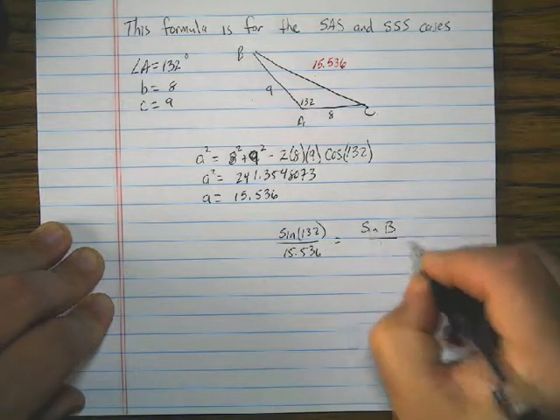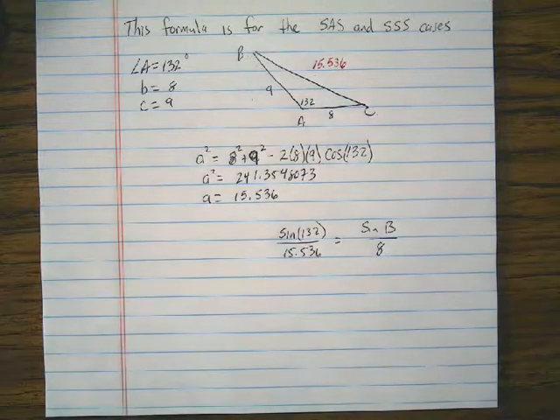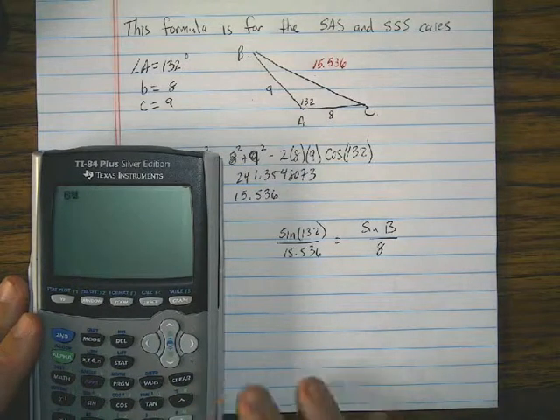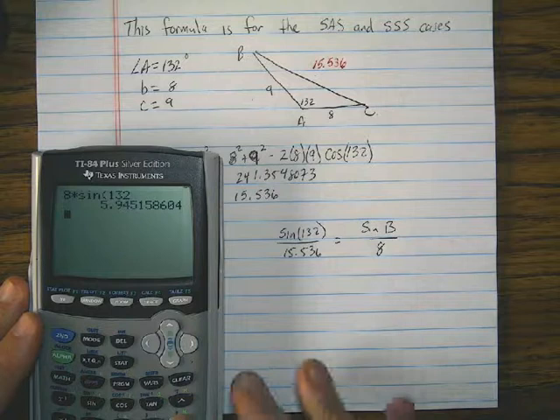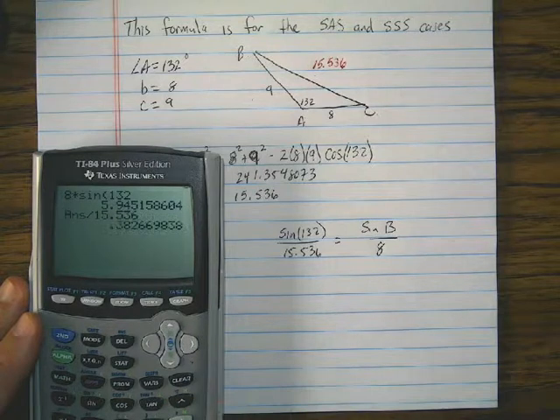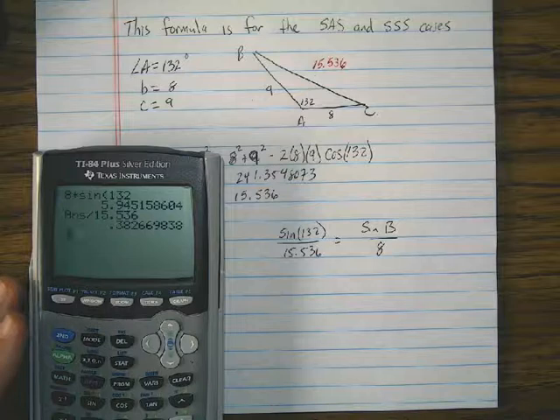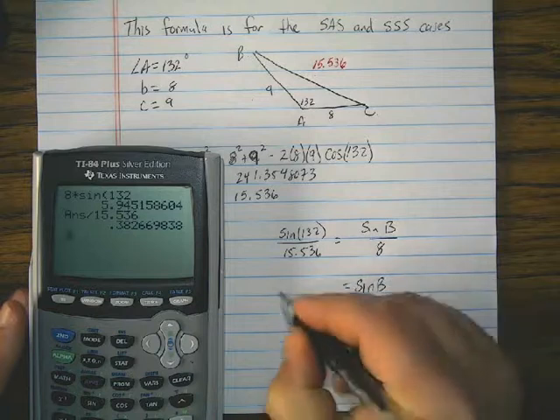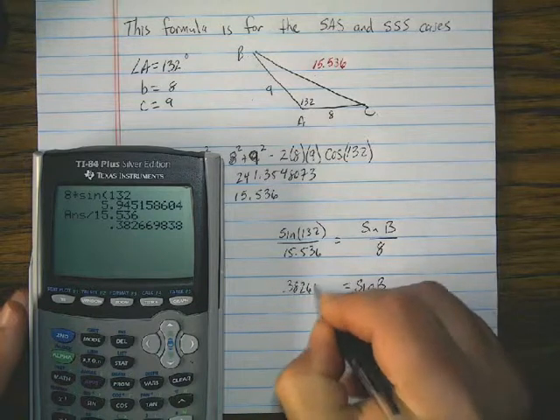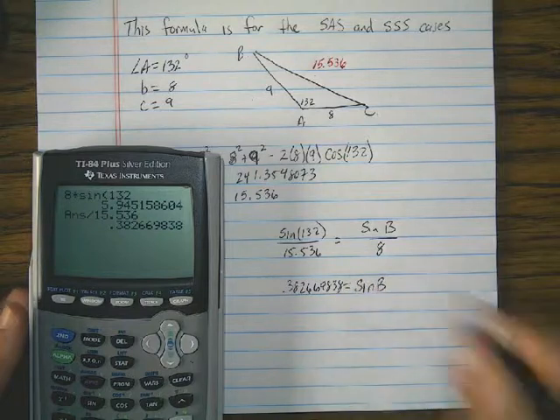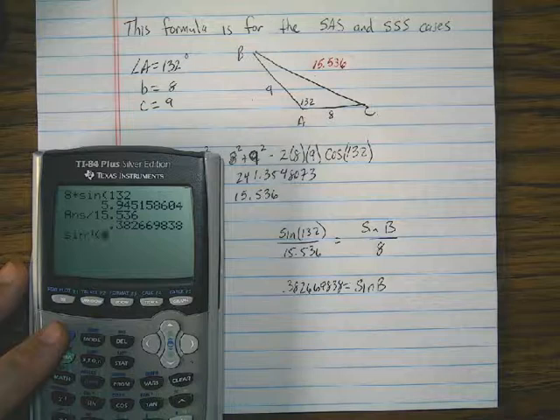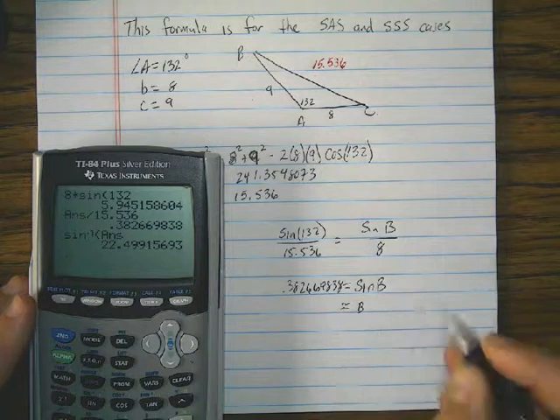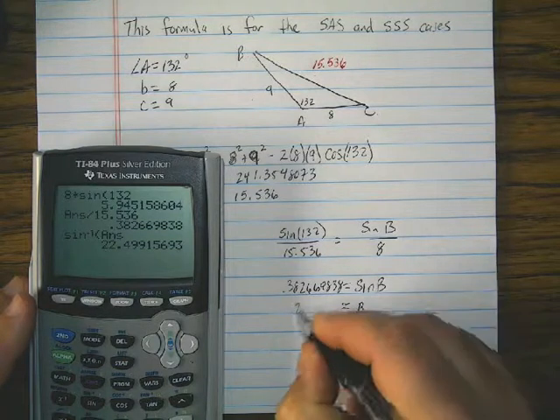Getting our calculators out, we have 8 times sine 132, and we're going to divide that by 15.536, and that gives us sine B equals 0.382669838. Then I go second sine, because I want to find the angle of that ratio, and that gives me B. Rounding, it's approximately 22.499 degrees.